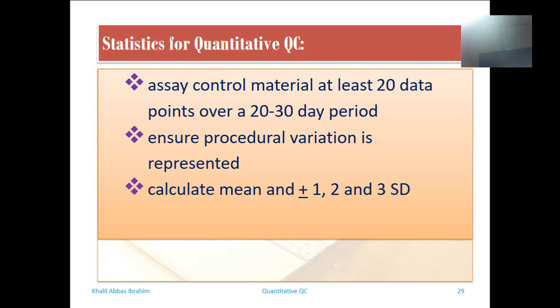In this way, the different technologies and procedural variation are considered within your chart. It means that the chart which you develop will be representative of all the technologies that you are using in the laboratory.